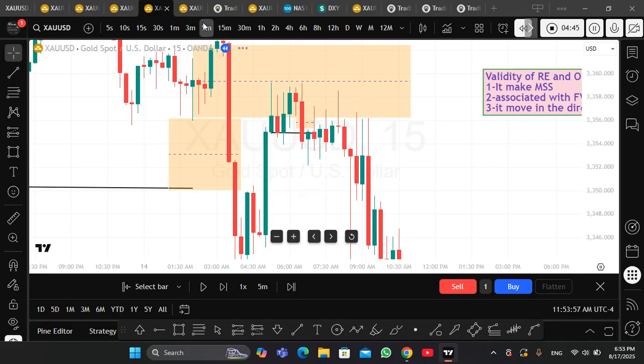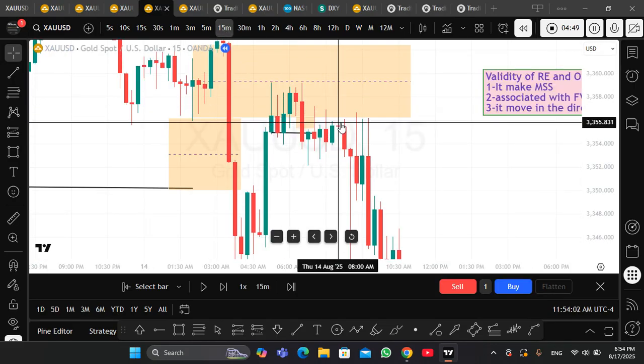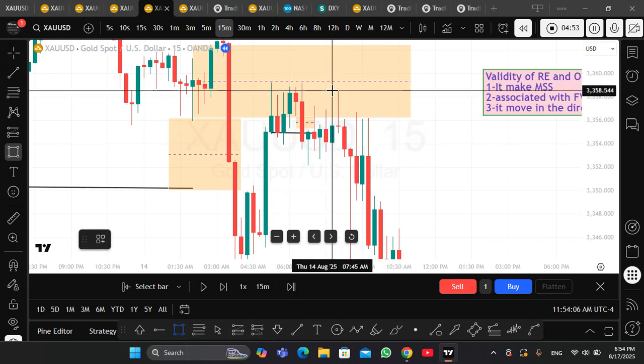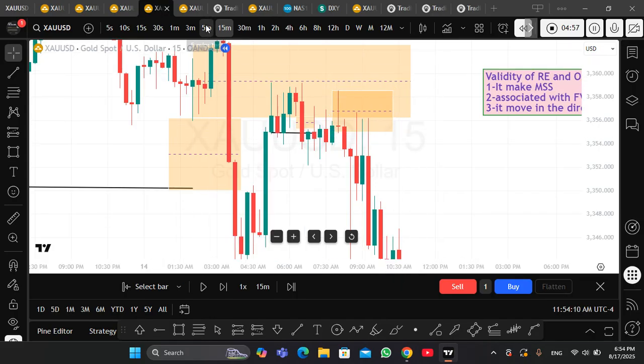When we change it to 15 minutes, as you can see, there is also a very beautiful rejection in this area. This is a rejection, also another rejection area, which is very beautiful on 15 minutes.